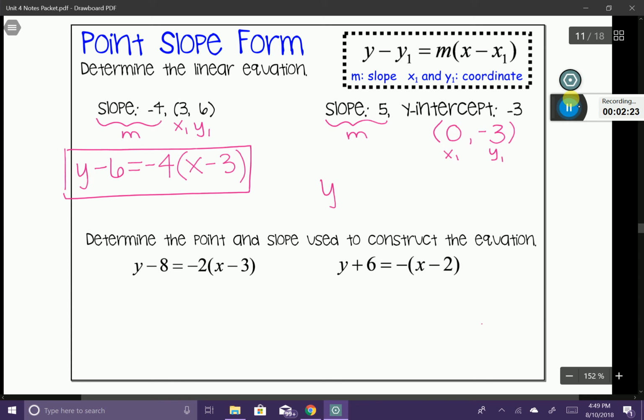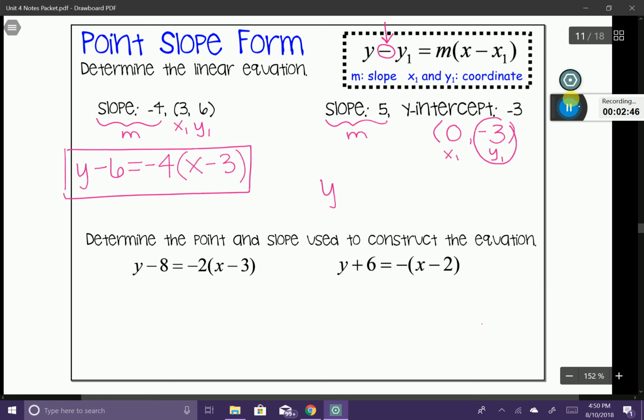Y. Now, I'm going to stop here for a second because there's something interesting here. Do you notice how my y sub 1 is a negative number? If you look up at the formula, you can see that y minus y1, there's a subtraction symbol there. Really what it's saying is y minus -3, right?